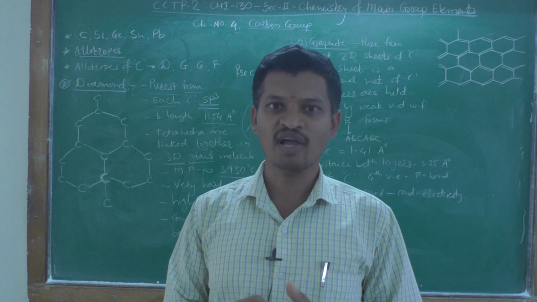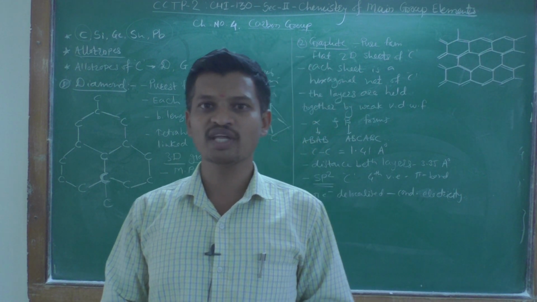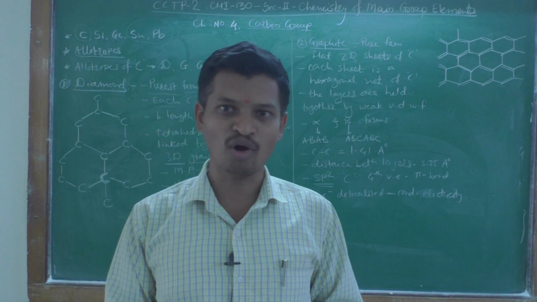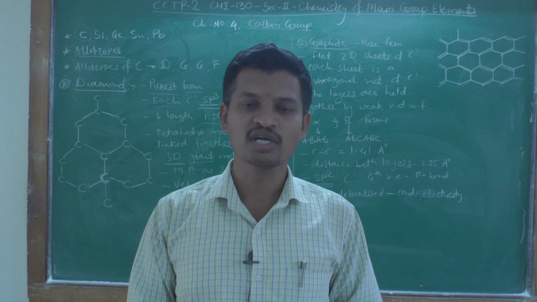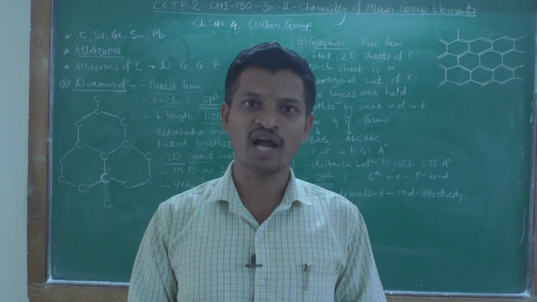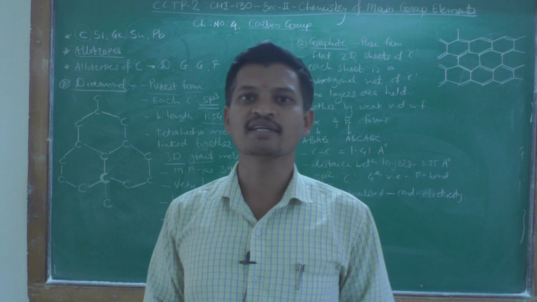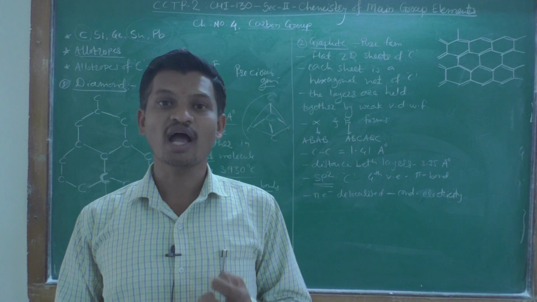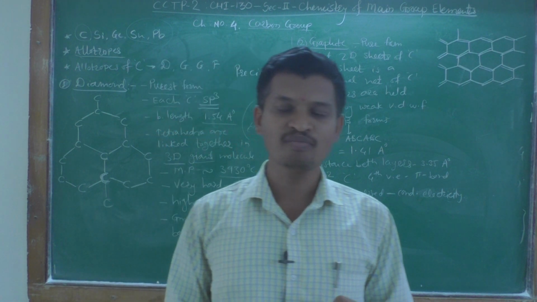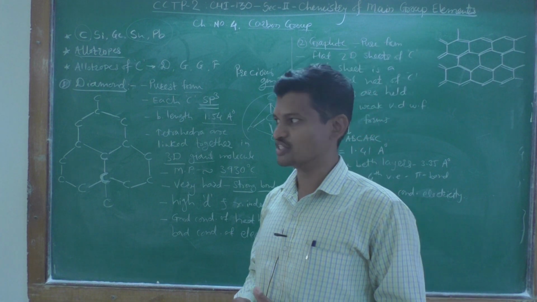So that's why it is very hard. It is very hard to break these strong covalent bonds. It is not an easy task, and hence this is the reason why diamond is the hardest material in nature itself.